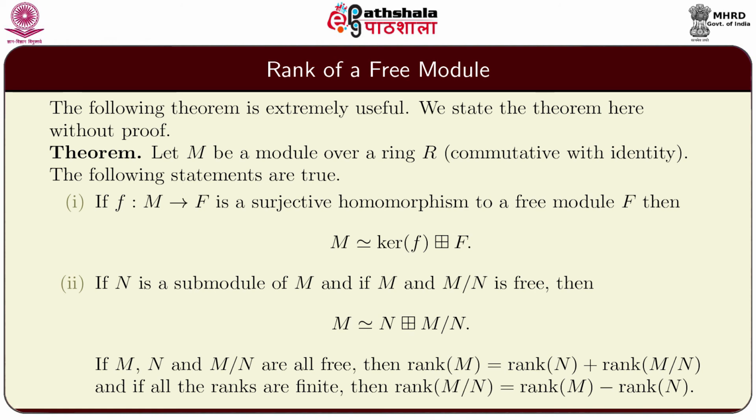We have already seen this result for vector spaces, where we stated this in terms of dimension, which is of course the rank for modules, and we see that if we have a free module of finite rank such that all of them M, N and M quotient N are free with finite rank, then we have a similar formula involving ranks.